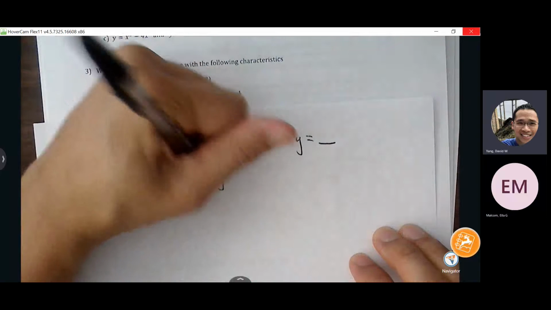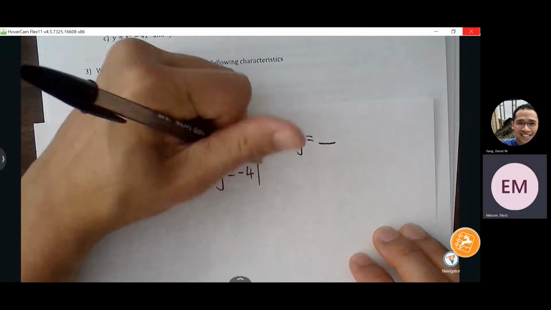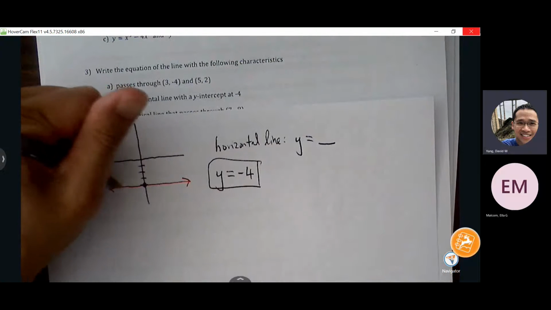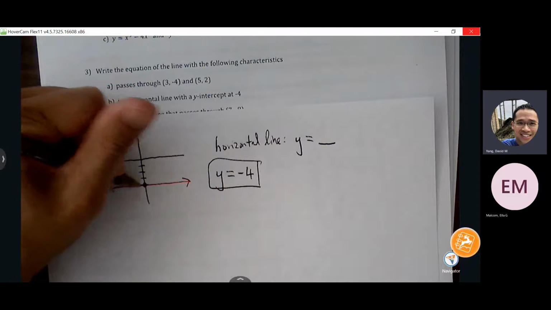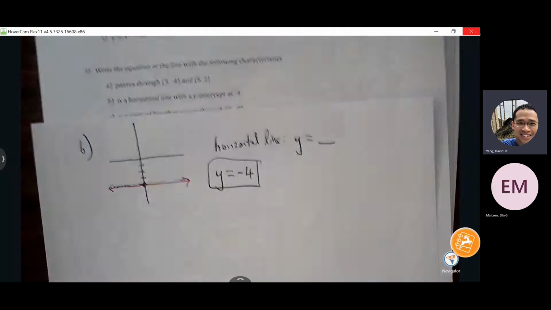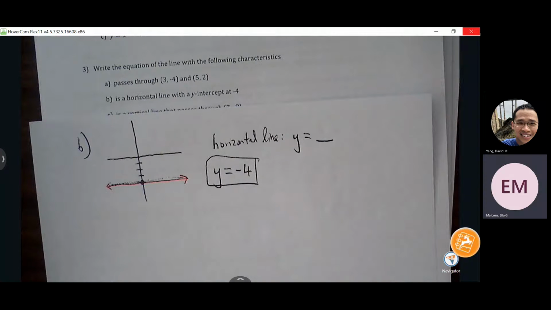So this equation is just y equals -4. Imagine lining up all the ordered pairs that have a y value of -4, and they're all going to form this line. Okay, that makes sense.